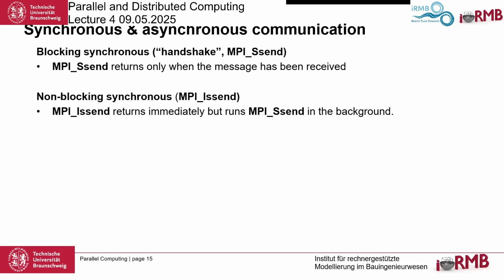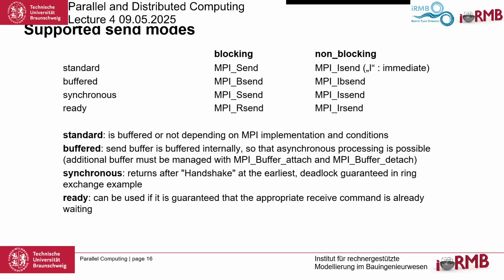You could say that the standard version, send and receive, is a little bit in the middle of the two. One is less strict and this here is most strict. Isend is less stringent, so it returns immediately, and this here will only return really when the message has been received.